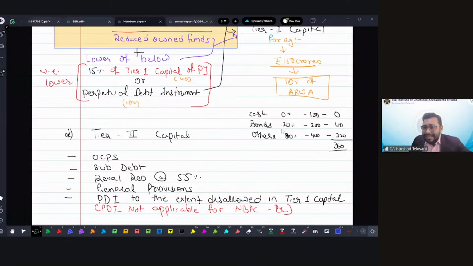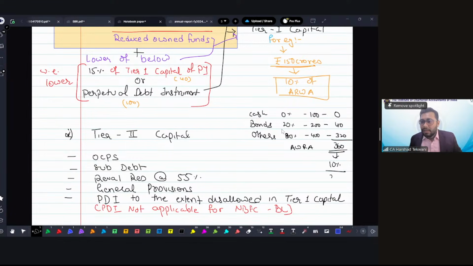Now this 360 is the aggregate of risk adjusted assets. Okay. So this risk weighted, risk adjusted asset is 360. Now I need to apply, let's say for example, 10% of this. Now I have to apply 10%, I will get 36. This 36 I have to compare with this tier 1 capital.